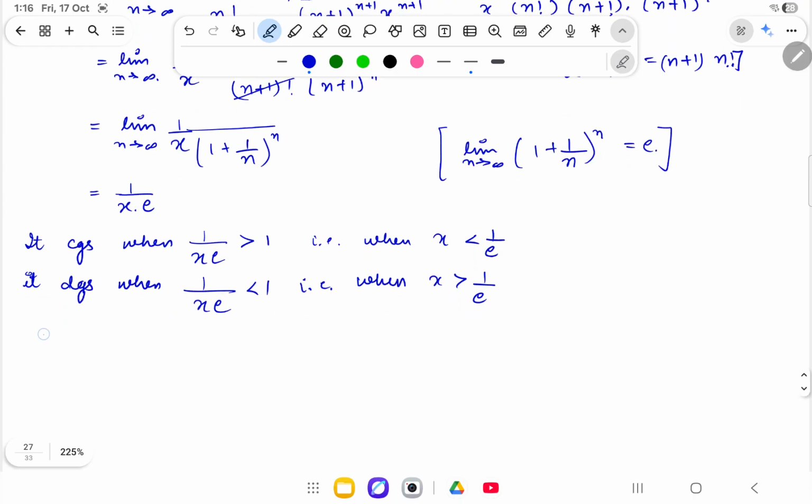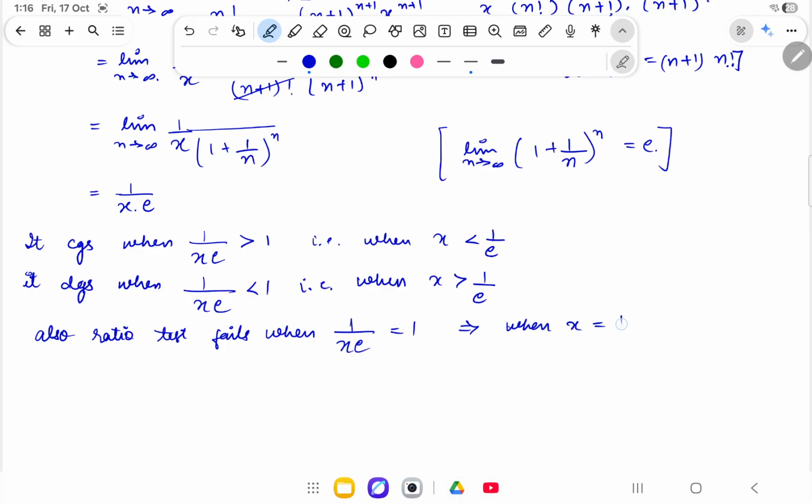Now also the ratio test fails when this limit is equal to 1. So the ratio test fails when the limit, that is 1 by xe, is equal to 1. That means when x is equal to 1 by e.